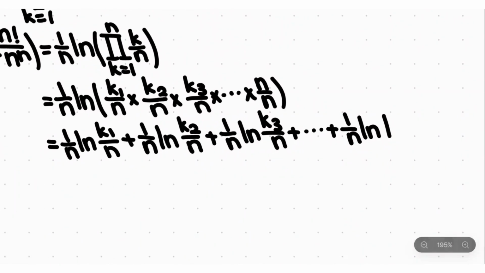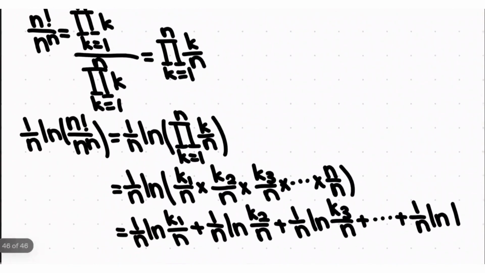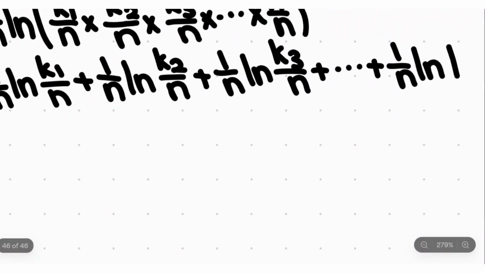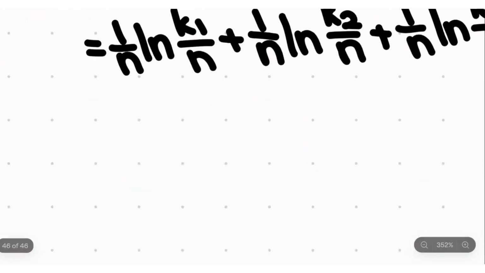So what now? The question just looks more confusing than it was. But notice that this is a bunch of stuff being added up, and we can actually connect this to a summation.